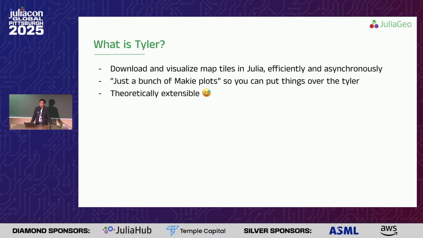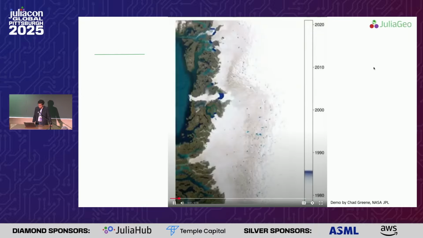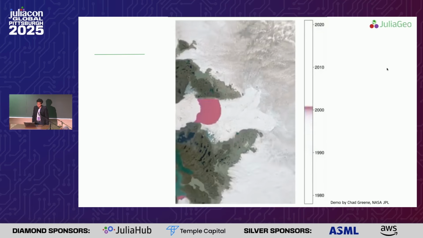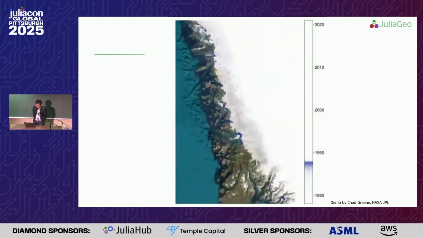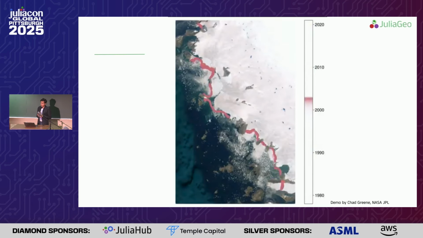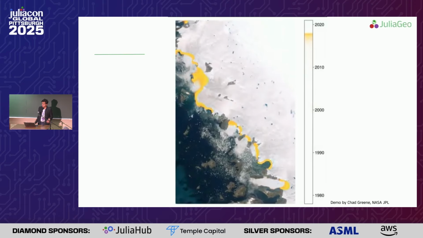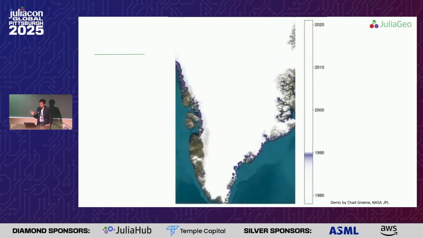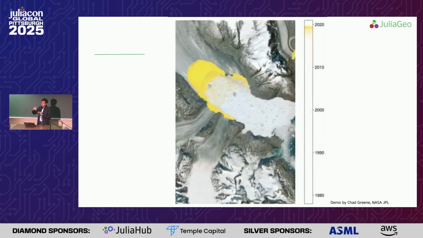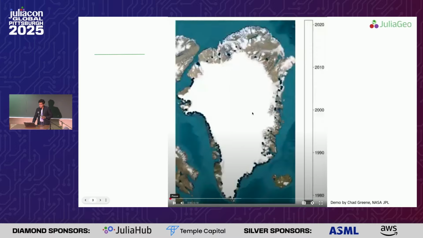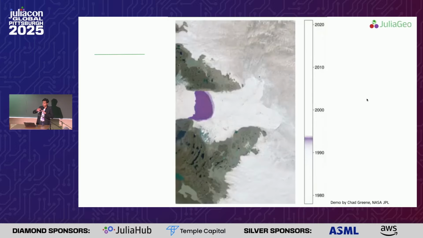Here's a cool little video that was created by some folks at NASA JPL up in LA. The background is a world map set of imagery as tiles, and they've plotted on top of this the position of glaciers as they recede over time.